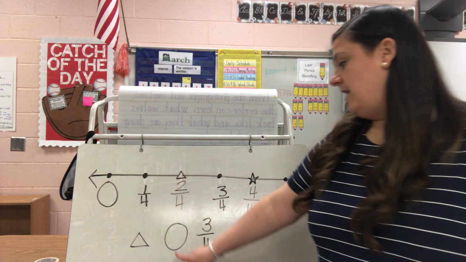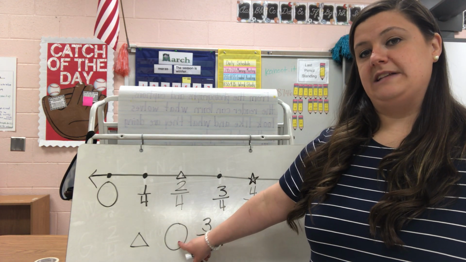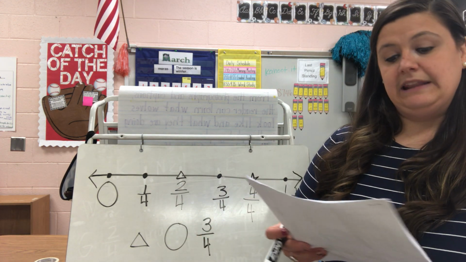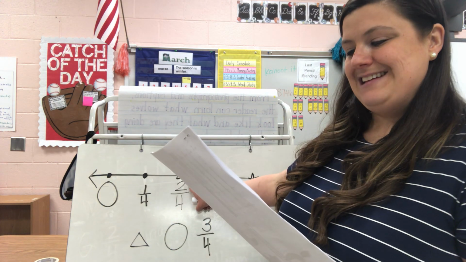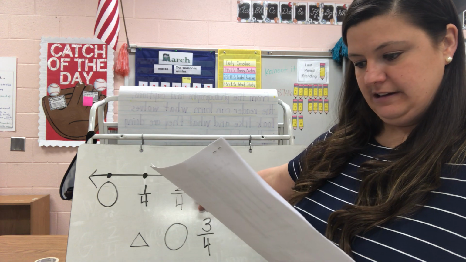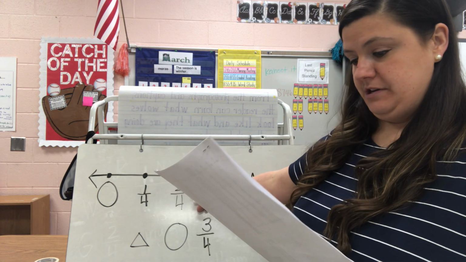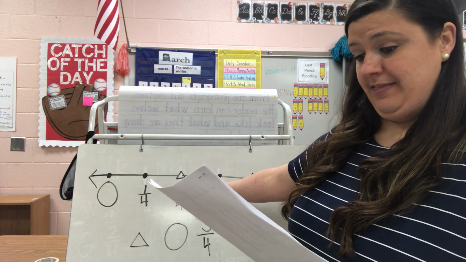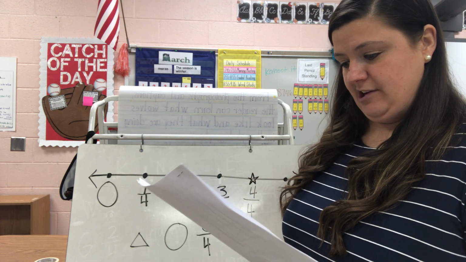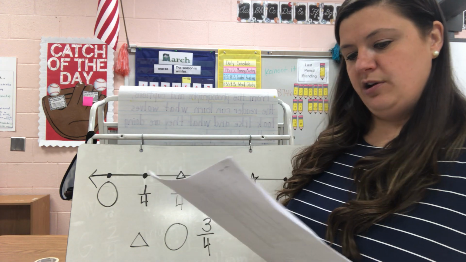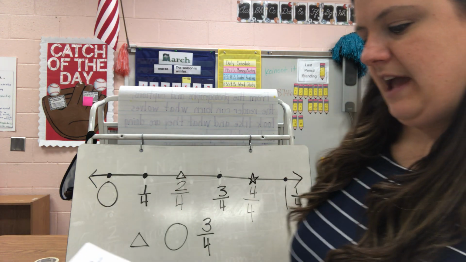So we're going to be writing our greater than, less than, or equals to sign in the middle. Lily is saying that the triangle, right here, is half of the number line. So it is greater than 3/4. Sam is arguing that the triangle is before 3/4, so 3/4 is greater. Who is correct? Show your understanding with pictures, numbers, and words.